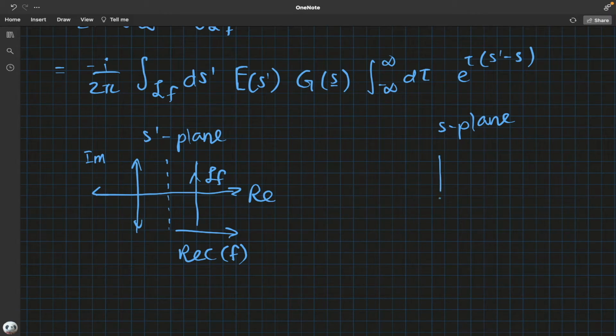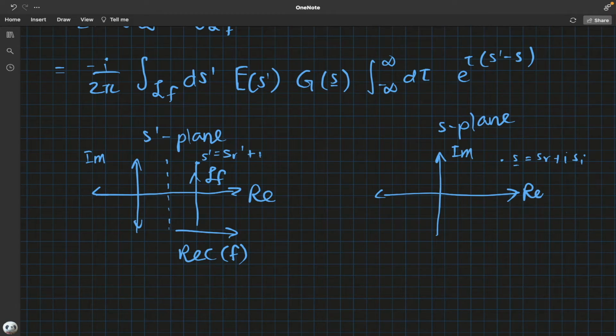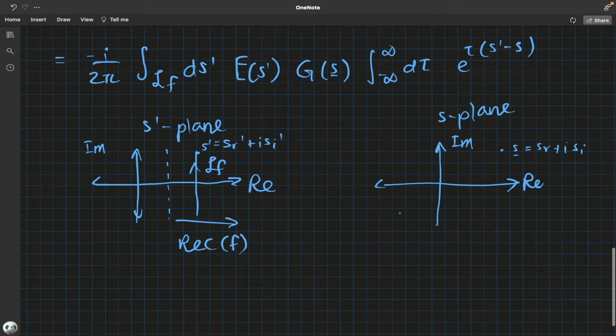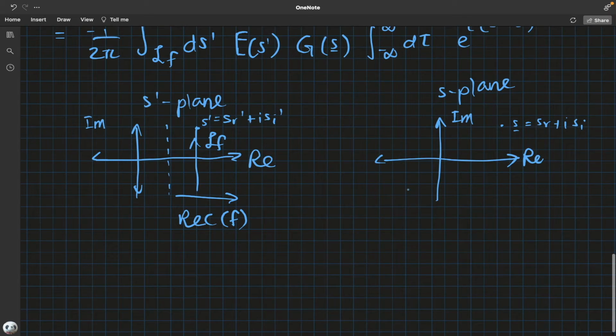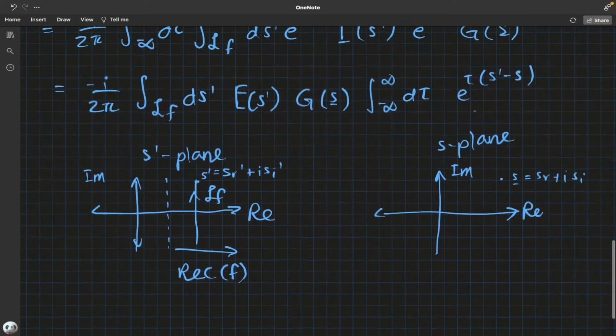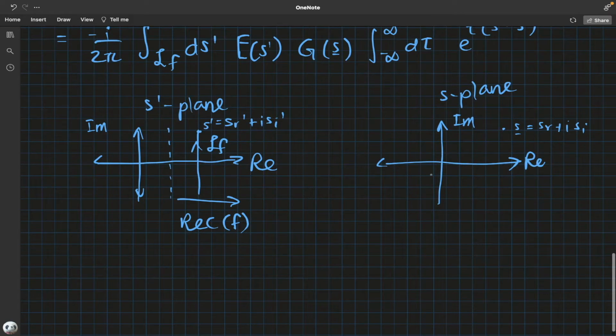The S plane is sort of unchanged from before. Real, imaginary, some arbitrary point, that's S. S sub r plus i S sub I. Any point here, S prime is SR prime plus i SI prime. From the same argument as before, you can see a convergence of this integral, or just convenience.